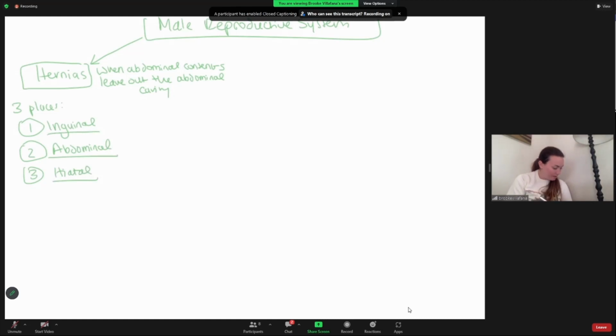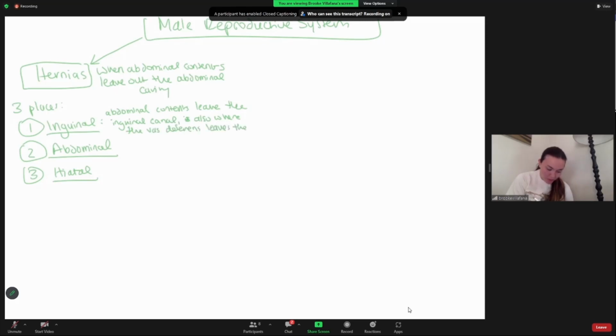An inguinal hernia is when abdominal contents go through the tube where the vas deferens leaves the scrotum, which is called the inguinal canal. So abdominal contents leave through the inguinal canal, which is also where the vas deferens leaves.